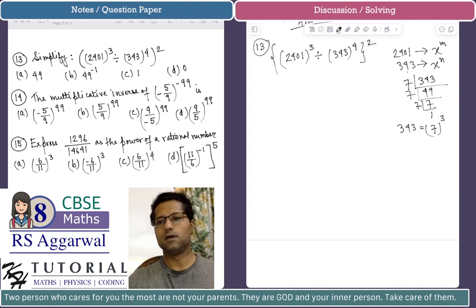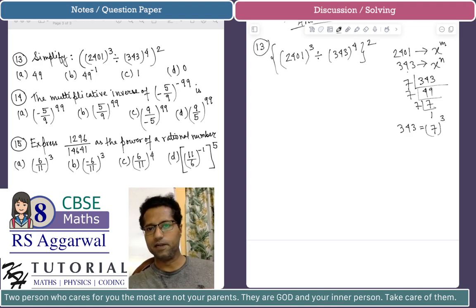So I predict 2401 can also be converted into some power of 7.